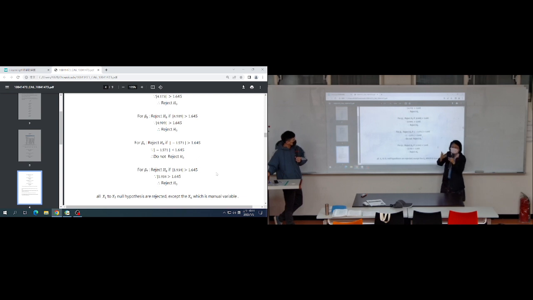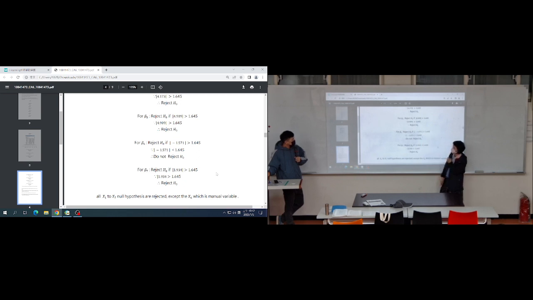Since the author wanted to explain both ways in the same statement, they use this one. But since you already know the direction, you need to tell us that the critical value for the negative sign is negative 1.645. If you take out the absolute signs and say this one is greater than negative 1.645, then do not reject.